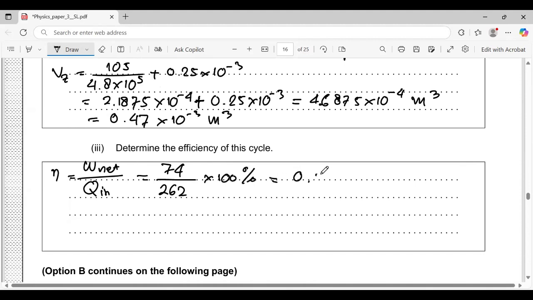It becomes 0.2824 times 100%. It is 28%.